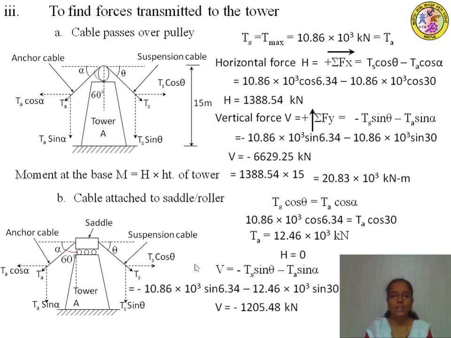Minus indicates it is acting in the downward direction. And we know that moment at the base is equal to horizontal force into height of the tower. As horizontal force is 0, 0 into anything is 0, therefore moment at the base is equal to 0. So these are the forces transmitted to the tower if it is passing over pulley and if it is connected to a saddle.